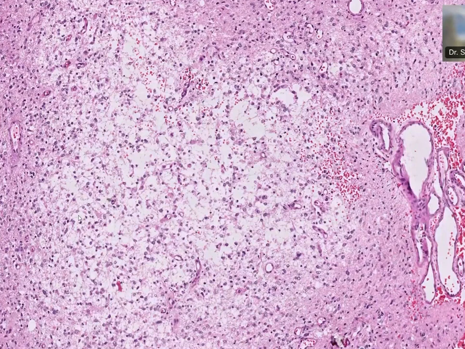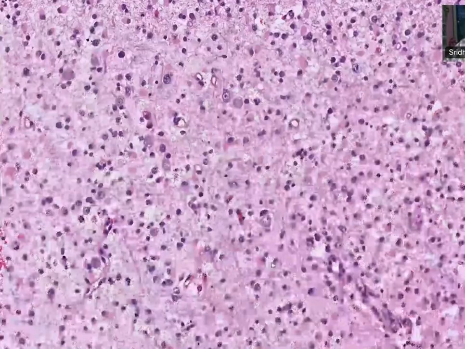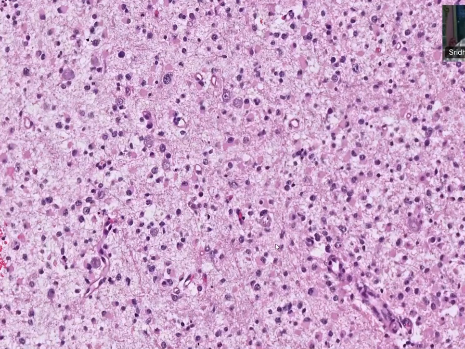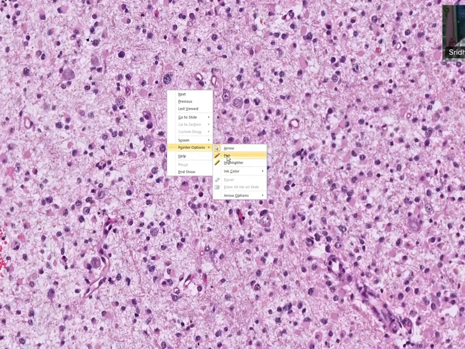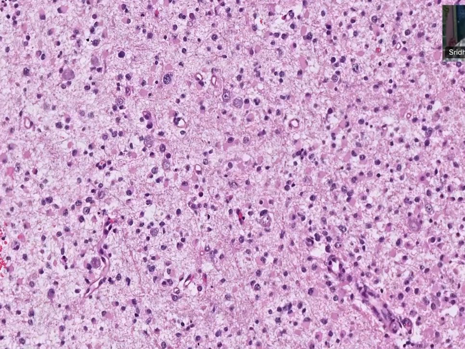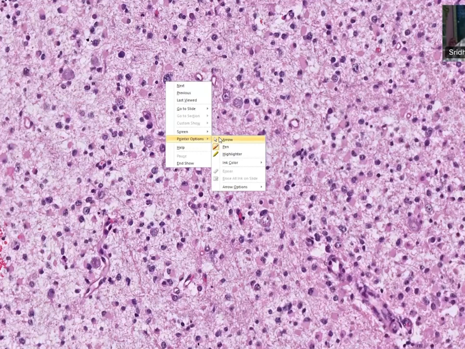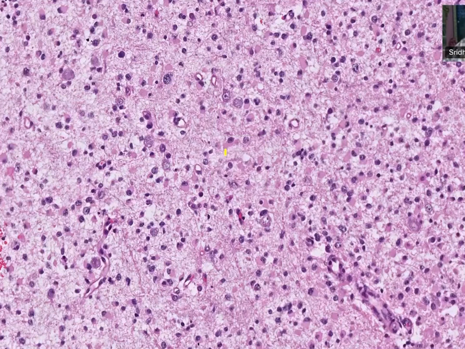When you come here, what else do you want to describe in this? You can see this cell. What is this cell? What is this one? How do you describe this? Like this one, this cell.